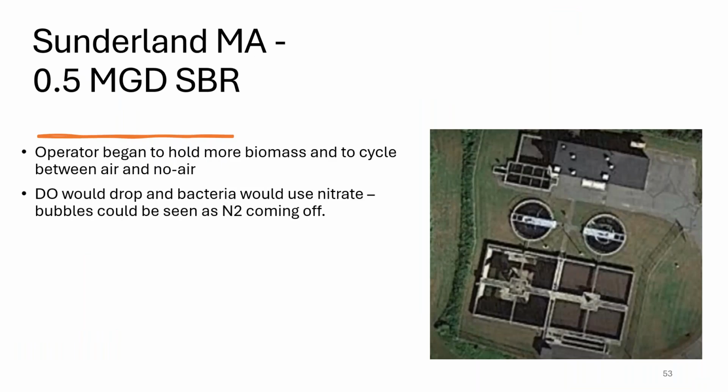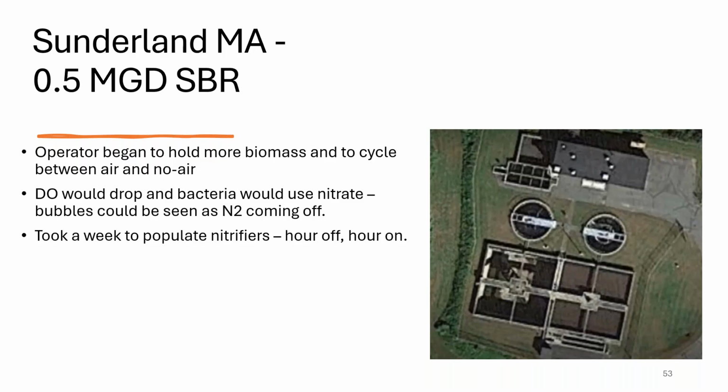There's an operator that actually did this. He had an SBR, and he started cycling between air off and air on, and he could actually see the denitrification occurring as the nitrogen gas was bubbling out. It took him about a week to create a population of nitrifiers.